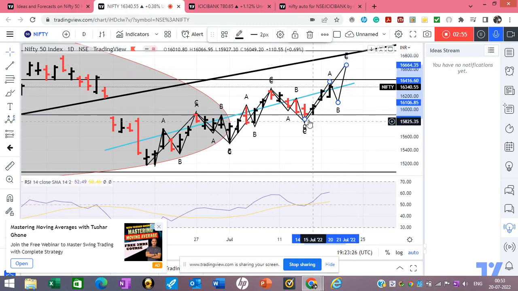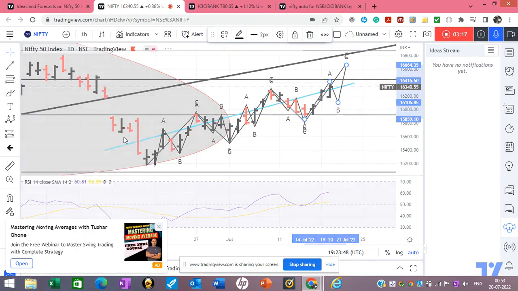And this wave A will have five waves, and this wave will also have five waves. You see this? All these waves from 0 to A, these are five waves, not three. Looking like one, two, three, no. These are five waves, like this. One, two, three, four. Because I'm seeing a daily chart. If you go to the hourly chart, you'll see five waves.